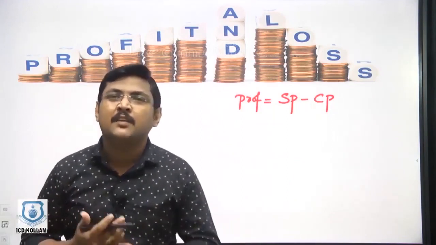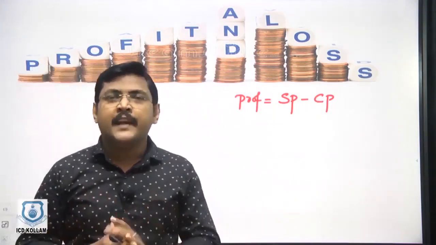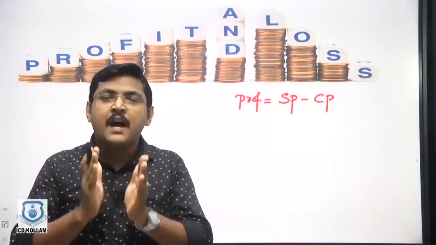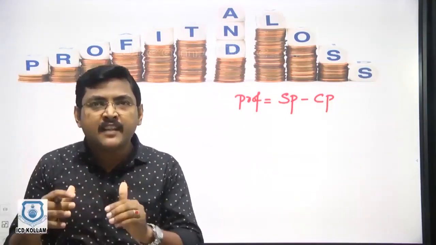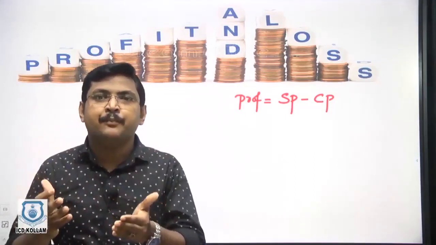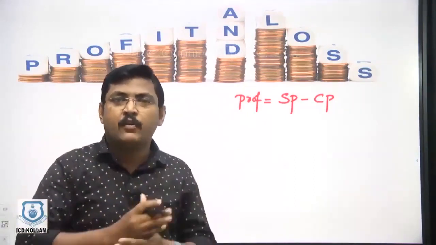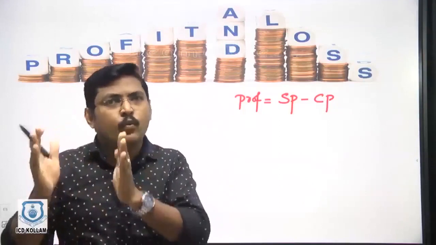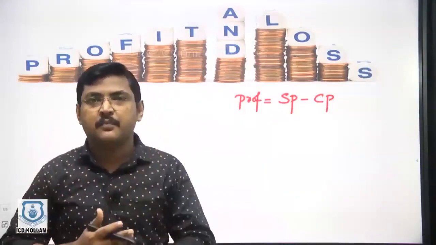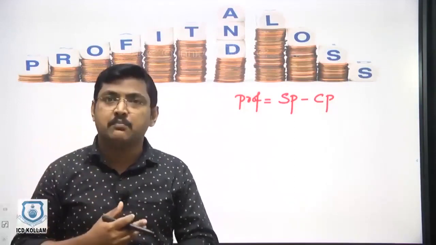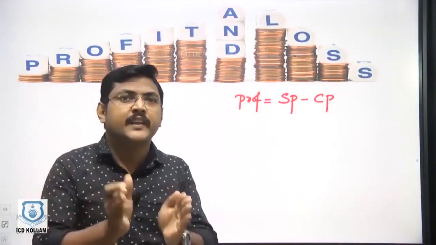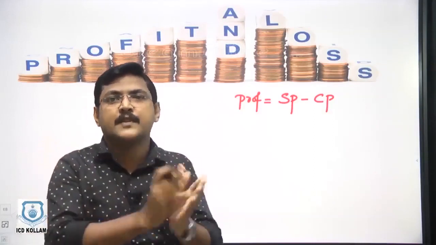Next we are dealing with marked price. Normally the MRP, we will consider it as the marked price, right? After giving some discount on the marked price, we get some amount, and that is what we normally call the selling price. A marked price will be there, a discount will be provided on that marked price, and as a result the retailers sell that product for some amount.